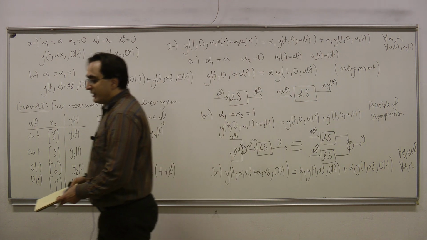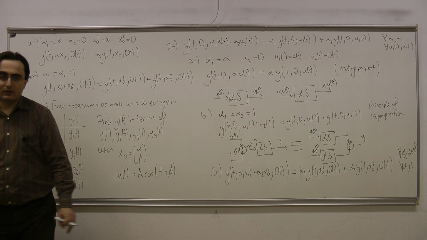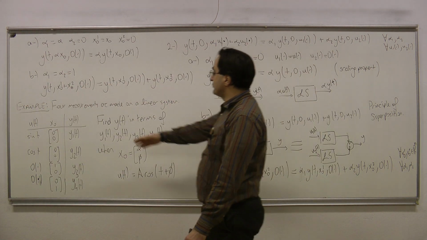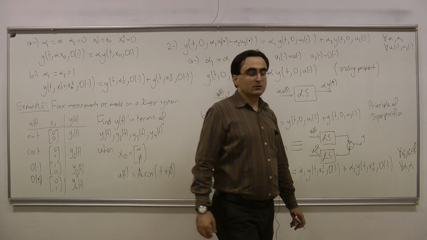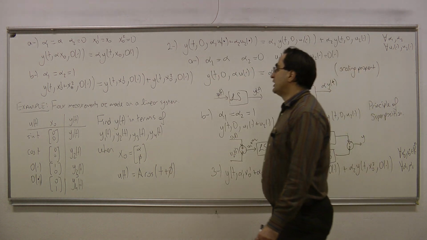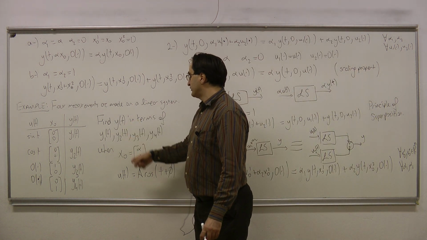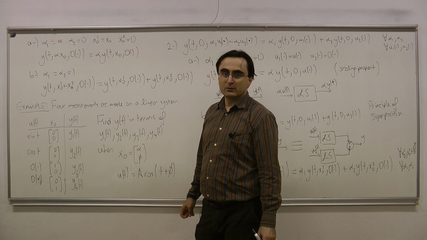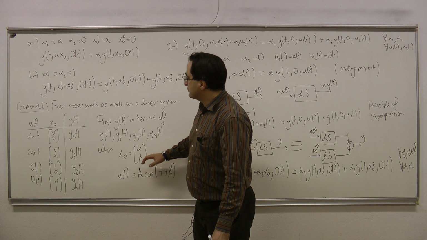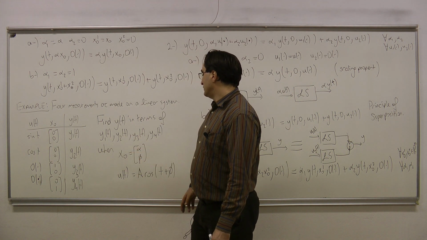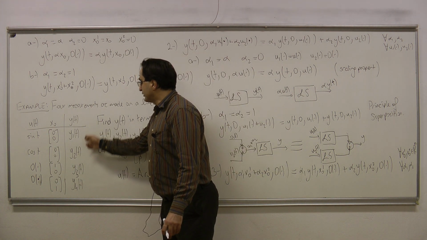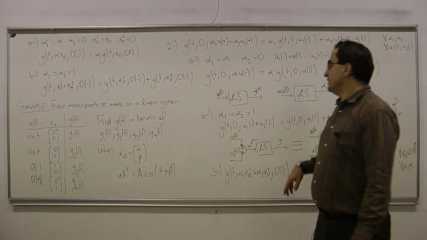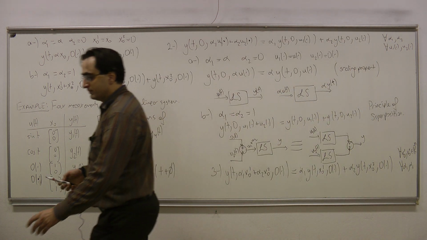We are given that the system is linear, and we are given the results of these four experiments. We are wondering about the response of the system to this initial condition and to this input at the same time, and we would like to write this output in terms of the experimental outputs using the linearity property.